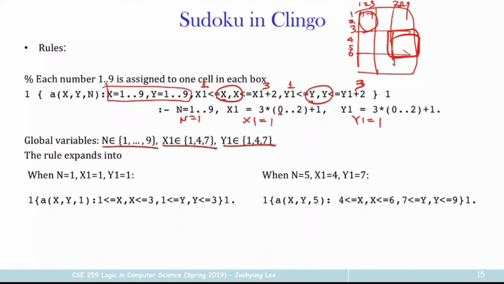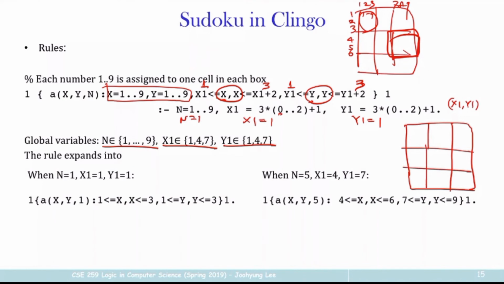Basically, let me actually write this way. If you have this box, and if you only count the x1, y1 pair, there are actually 9 sub-boxes. So when x1, y1 is 1, 1, it'll be here. When x1, y1 is 1, 4, then it represents this box. And this is 1, 7.